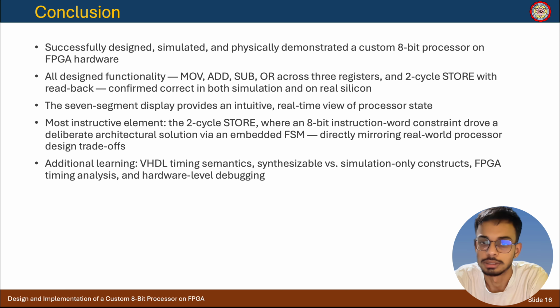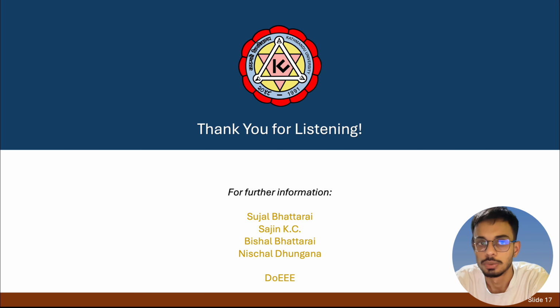We learned about VHDL timing schematics, synthesizable versus simulation-only constructs, FPGA timing analysis, and hardware debugging. We built an 8-bit microprocessor with 6 opcodes and 3 registers, and implemented the store operation in 2 cycles.